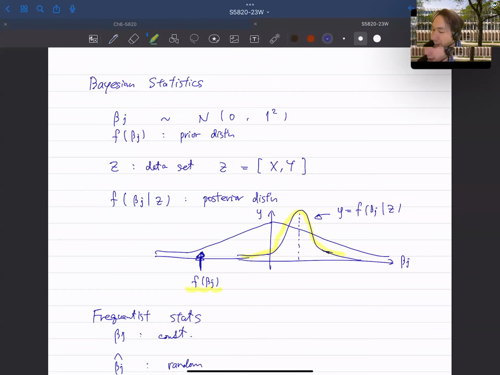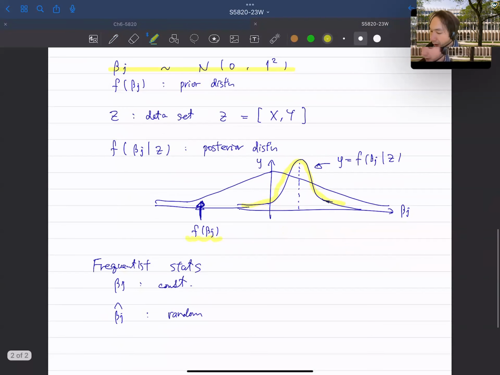In this case, maybe the assumption is beta j is around 0. It doesn't have a large value. Beta j equal to 5 or 10 is very unlikely. Beta j equal to -5 or -10 is also very unlikely. So beta j is somewhere in between, maybe -3 to 3. In the frequentist approach, beta j can take any value before observing data. After observing data, we can estimate beta j hat. So it is based on fewer assumptions.